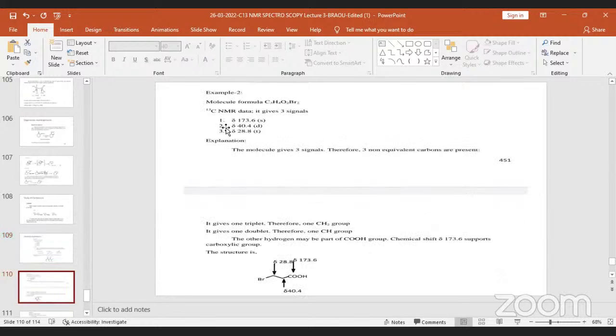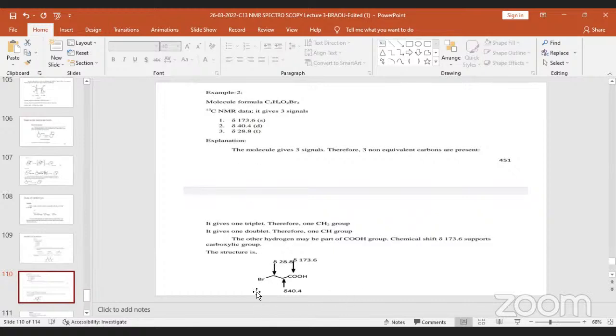Another example I am giving you: C3H4O2Br2. Here it can be bromopropionic acid, but only 3 signals it is showing. One is at around the acid position, 173.6, and it's a doublet. 40.4 is a doublet, that means a CH group is there, and one triplet at 28.8, so it is CH2.